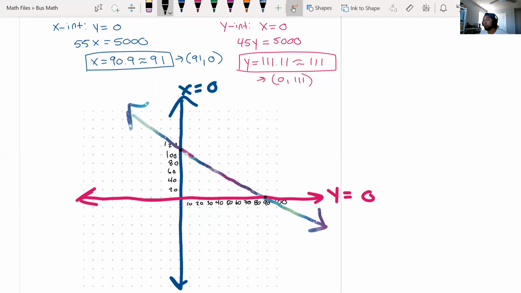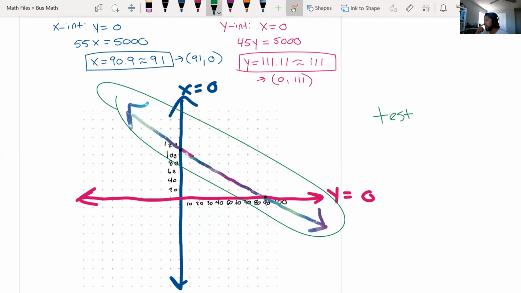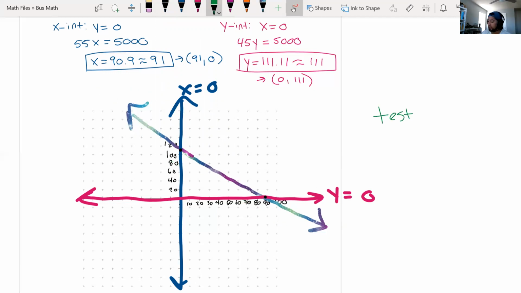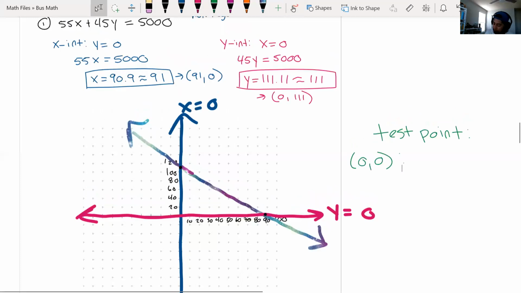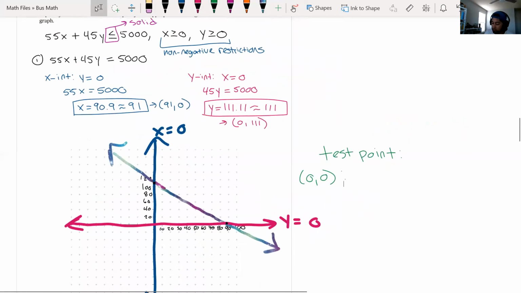Okay. Perfect. Everything's graphed. Now we want to pick test points. And once again, just focus on this line. And the easiest test point to pick that's below that line is again 0, 0. Perfect. And we plug it into our inequality above.